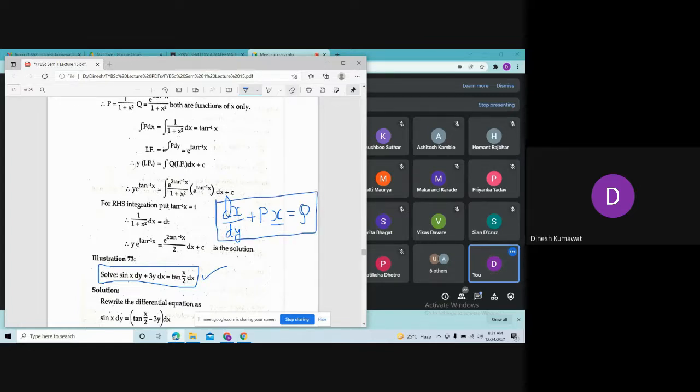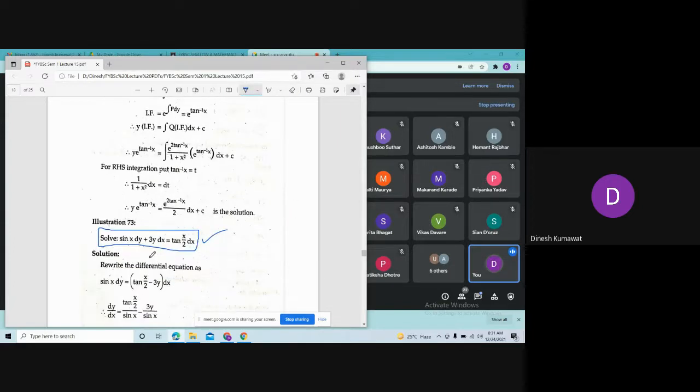So just try to convert this differential equation in dy by dx. Okay, so just take this dx from the left hand side to the right hand side. So it becomes tan of x by 2 minus 3y times dx.